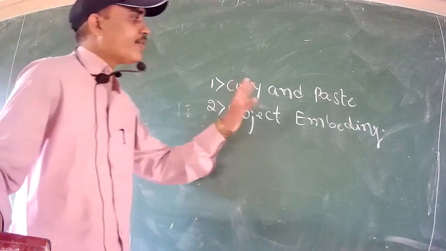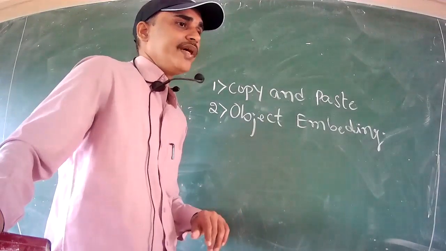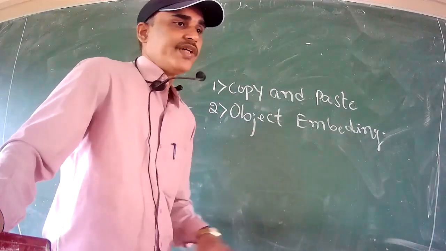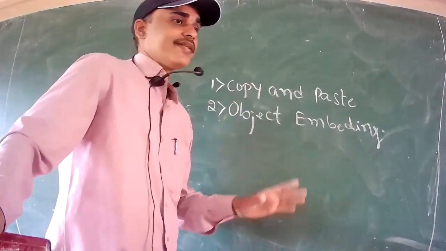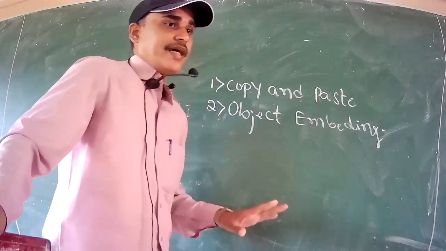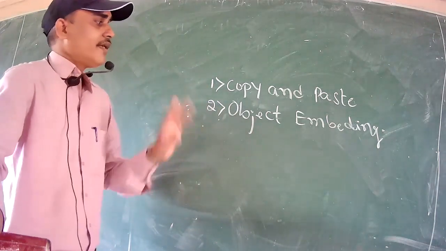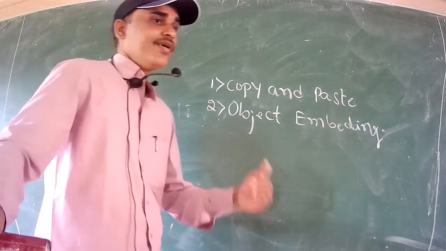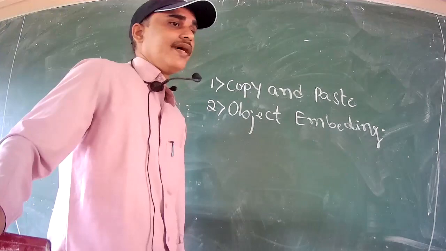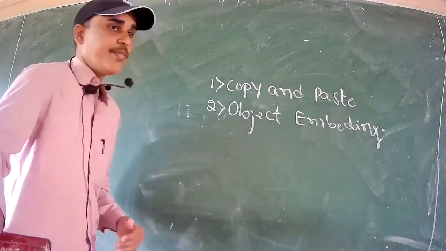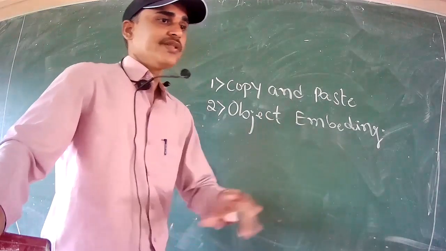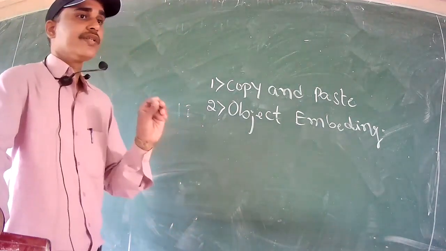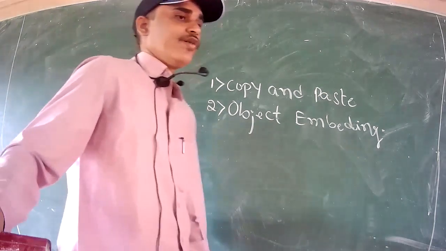Then what is the difference between copy and paste and object embedding? In the copy and paste method, there is no link between Word and Excel after completing the task. But in object embedding, even after inserting the data, if you want to do some modifications or changes to the inserted data, just double click on that object.